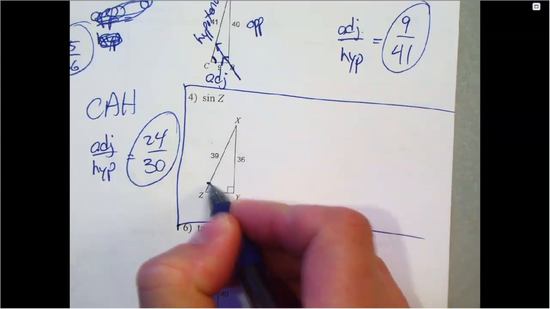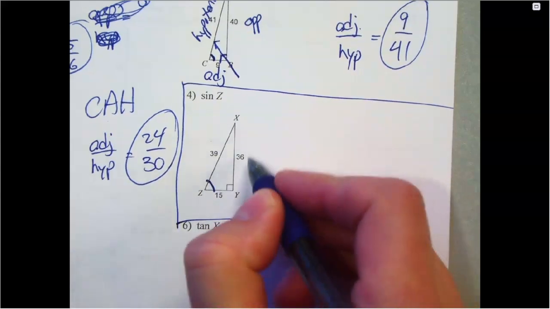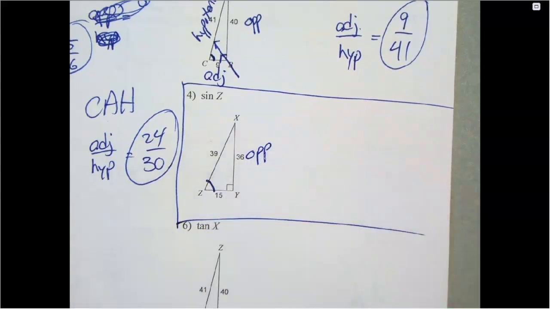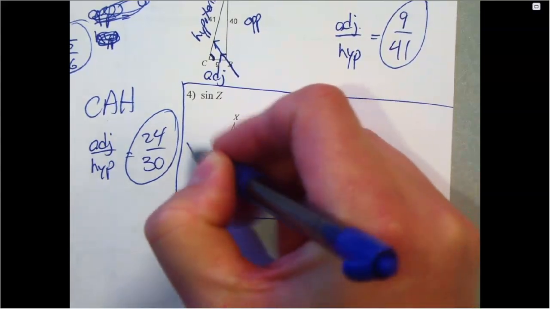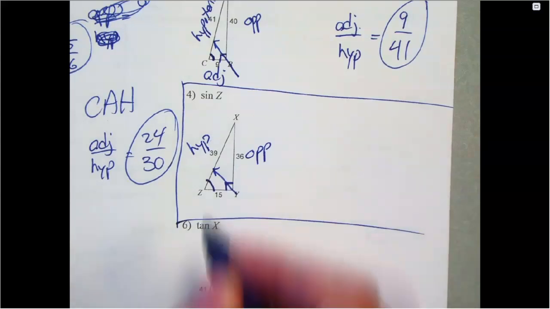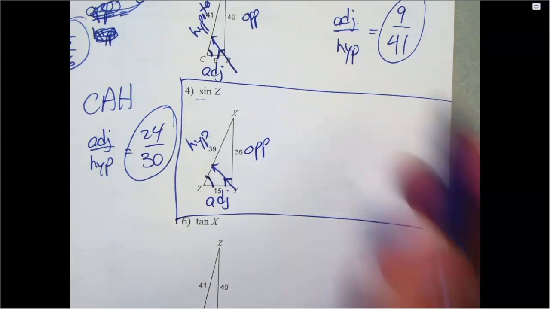They tell me Z. I make my little arc there. Whatever side the arc is not touching, that's my opposite. Use my arrow, point at the hypotenuse, and then the other side that's left over is my adjacent. They told me sine.